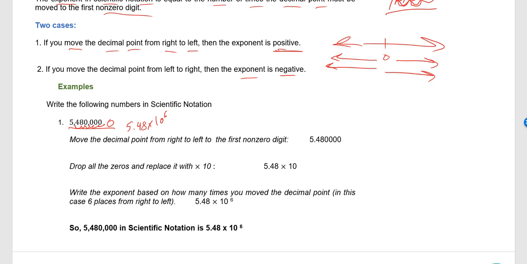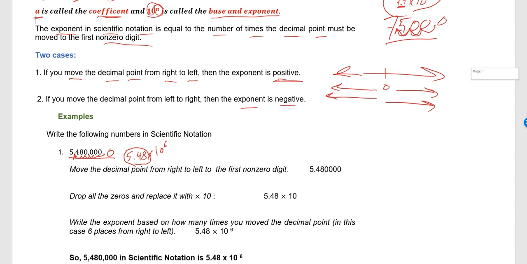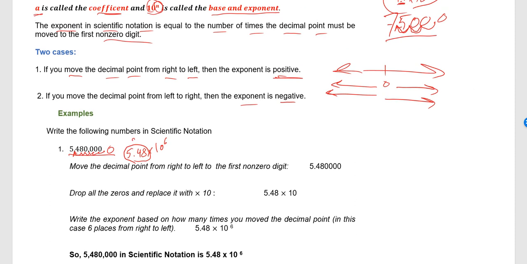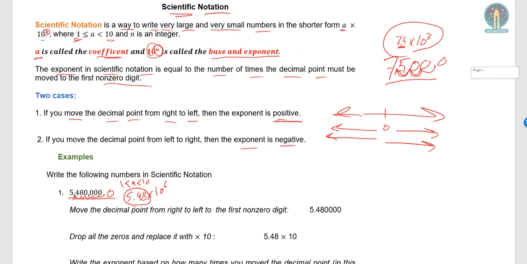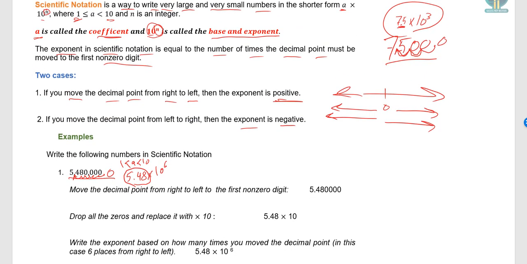Why did I stop the point here, as opposed to after the 4 or after the 8? Again, because my coefficient, which is a, needs to be between 1 and 10. So I can't have 54.8, I can't have 548, etc. That's not scientific notation.